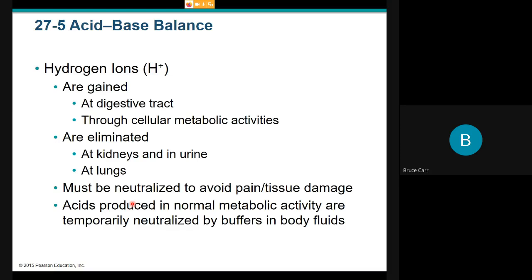And we take these foods in great quantities, which tells you that our pH regulating mechanism is very adept. We eliminate at the kidneys and at the lungs based on that CO2 system that we talked about. If excess acid builds up, we do get pain, and it's basically a very simple thing.